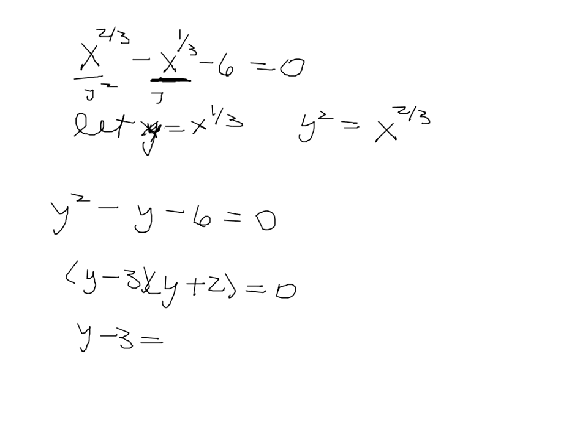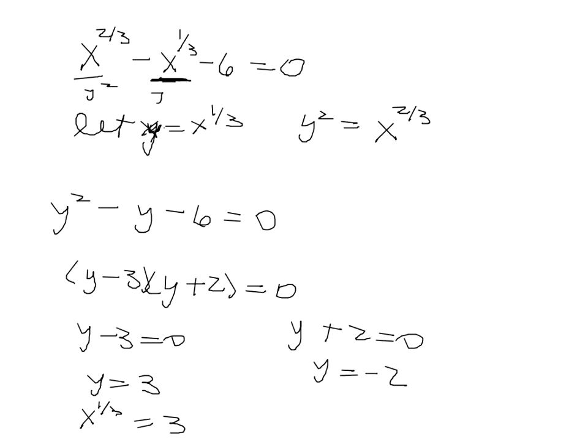So y minus 3 equals 0, y equals 3. y plus 2 equals 0, y equals minus 2. But y is equal to x to the 1/3. And then we saw yesterday that we can cube both sides, and that gives me that x equals 27.